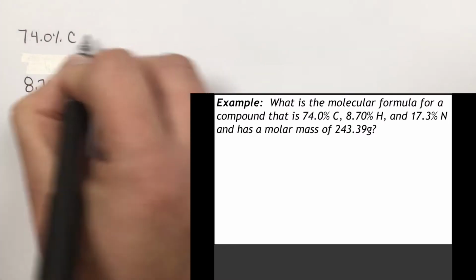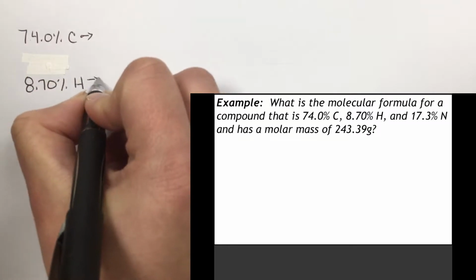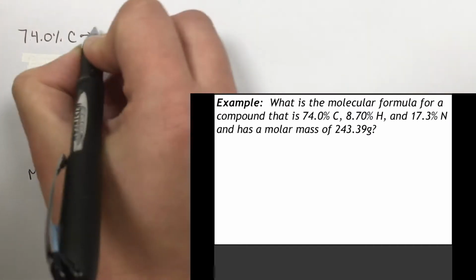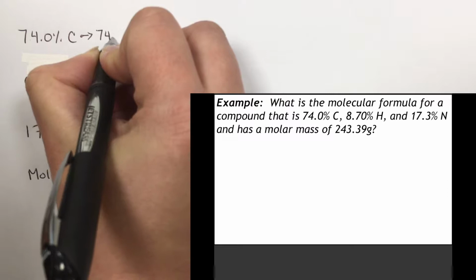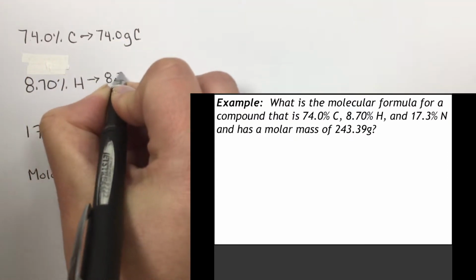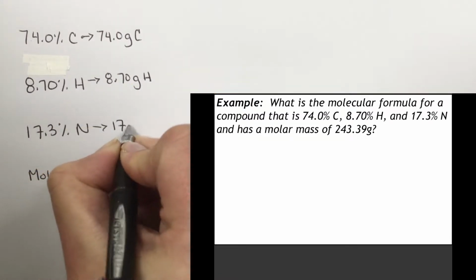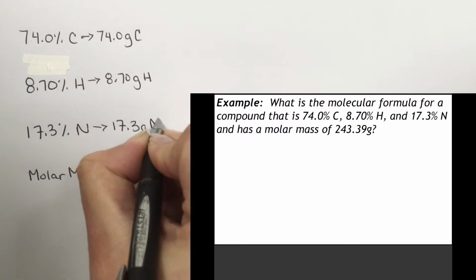All right, so we know what to do with this. We're going to first convert to grams. I almost converted to moles, but it's almost the same. So 74.0 grams of carbon, 8.70 grams of hydrogen, and 17.3 grams of nitrogen.